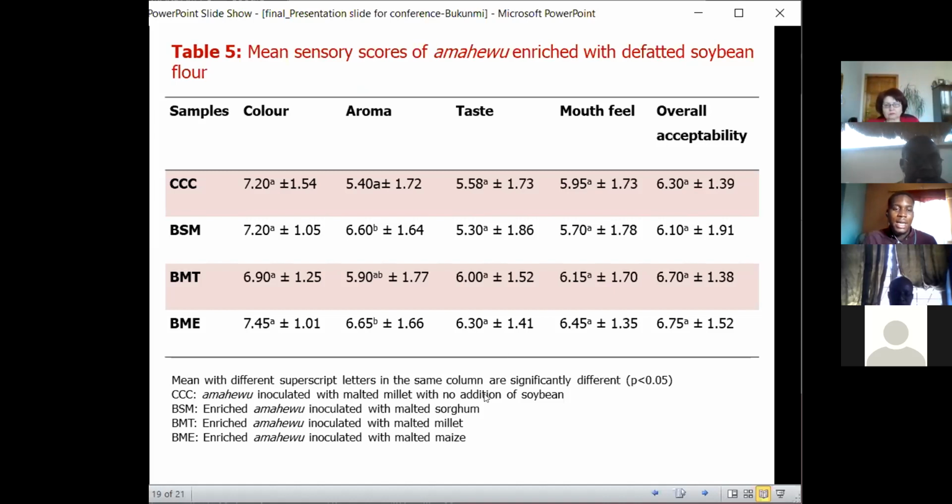This means that malted maize may be used and is the best inoculum if consumer acceptability or consumer preference is of interest.